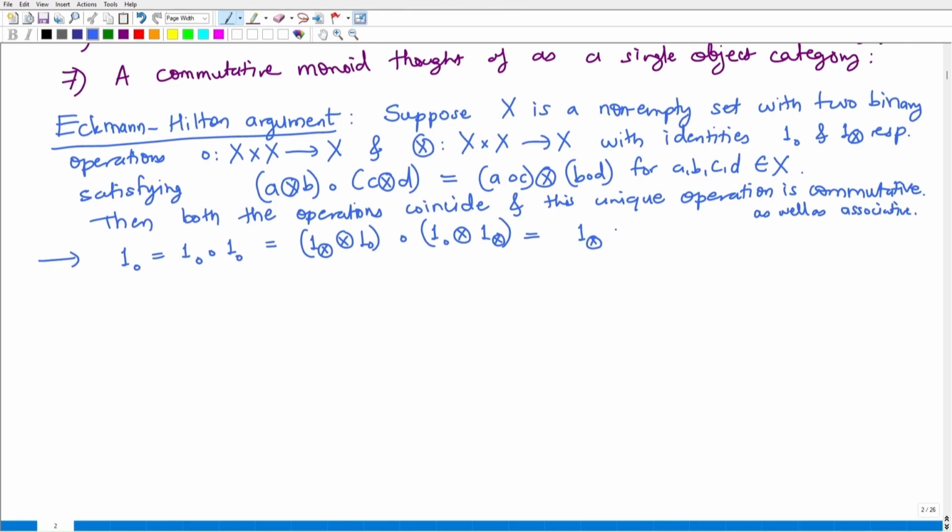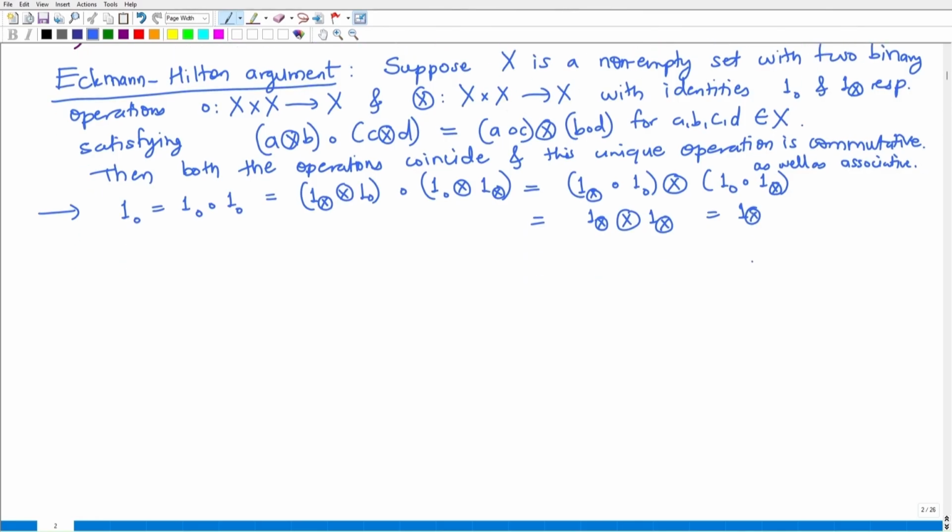So that will become (1 circle 1) tensor (1 circle 1), composed with... well, what is that? It is 1 tensor 1, because 1 circle is the identity for circle. So 1 tensor composed with 1 tensor is equal to 1 tensor. So the first thing that we show is that the identities are the same.